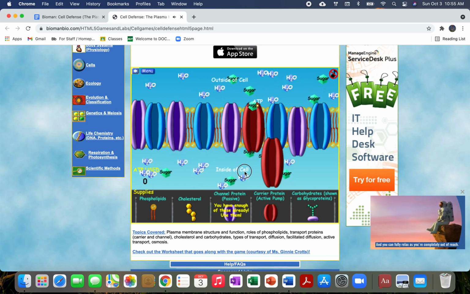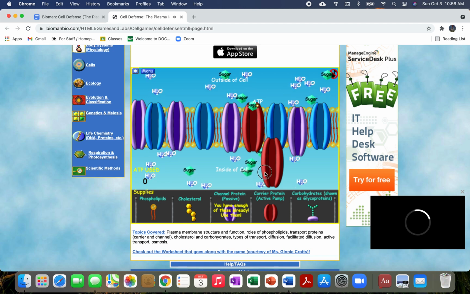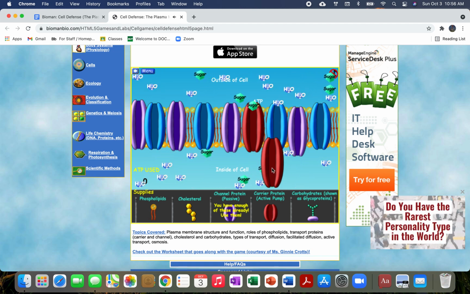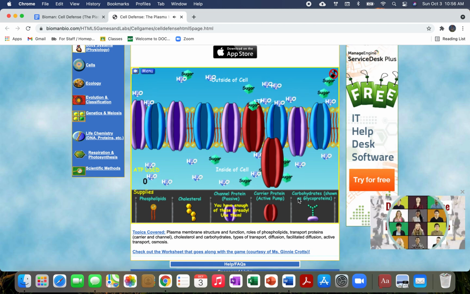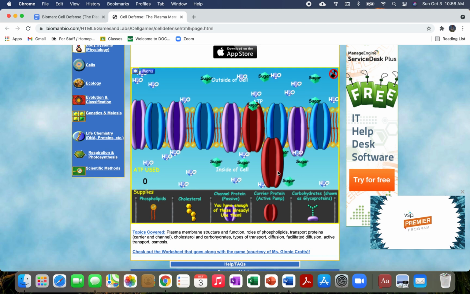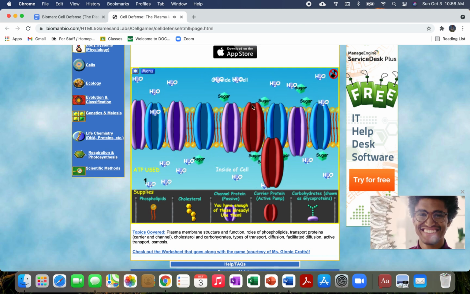Come on. It's not letting me move the protein. Once the sugar comes in, this red guy, you've got to click on it.